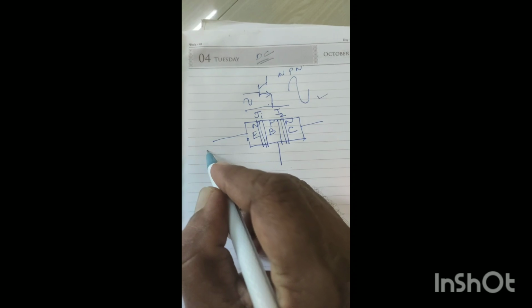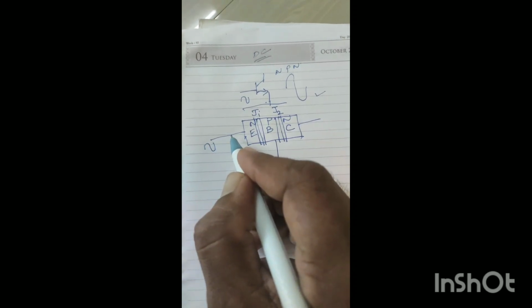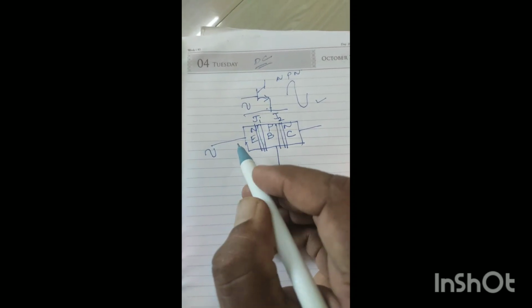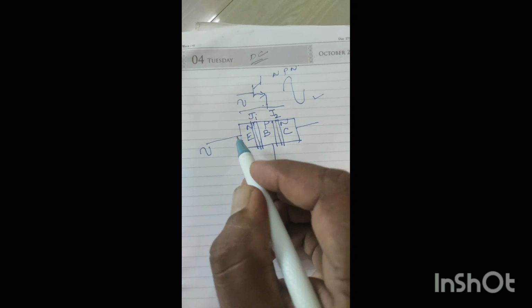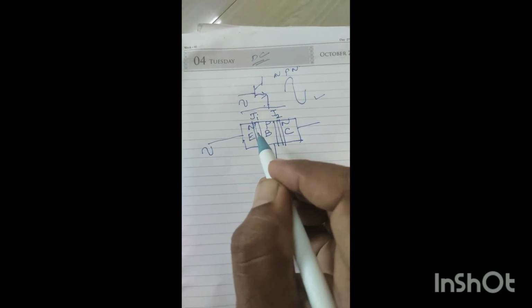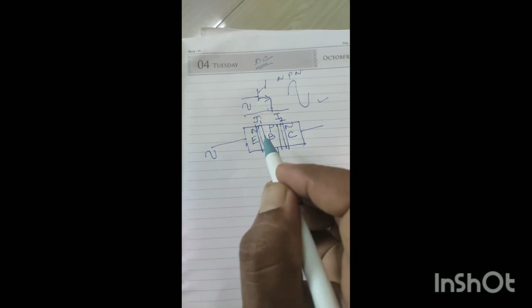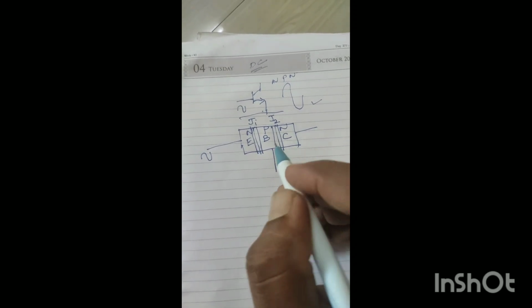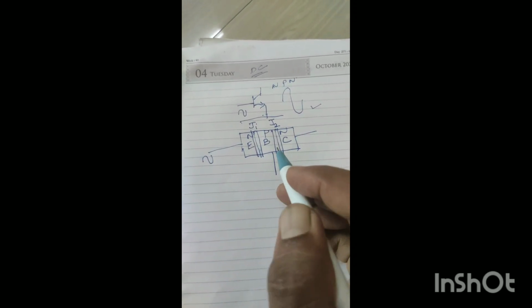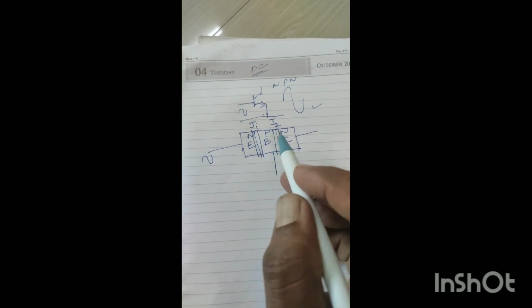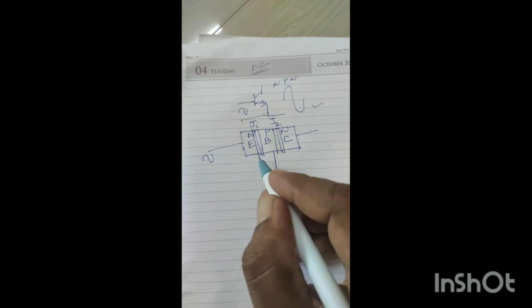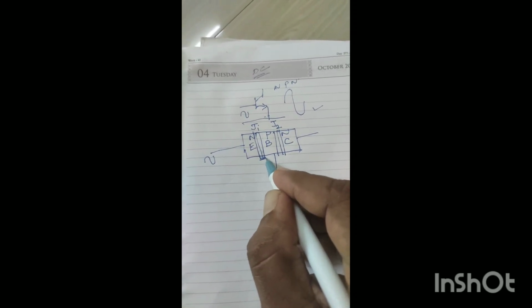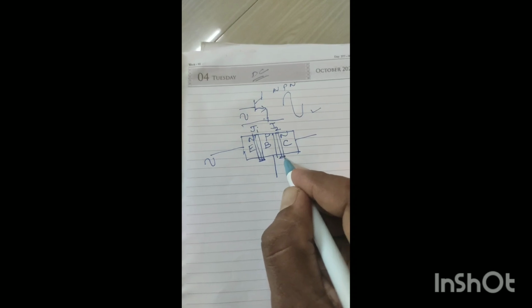If you give the input signal at the emitter, initially it does not cross the junctions J1 and J2 and reach the collector. What is the reason? J1 and J2 are barriers, with some barrier potential.